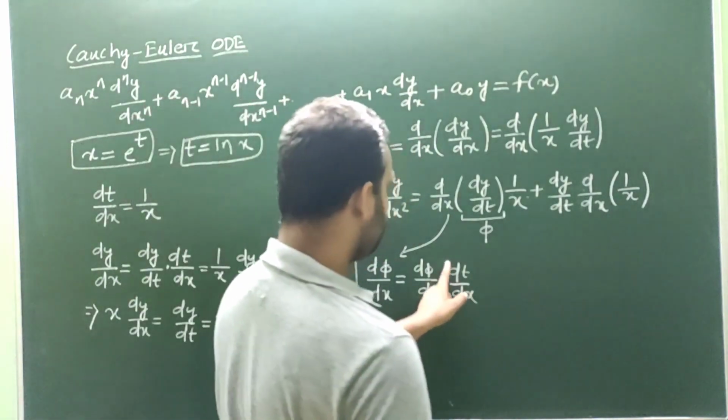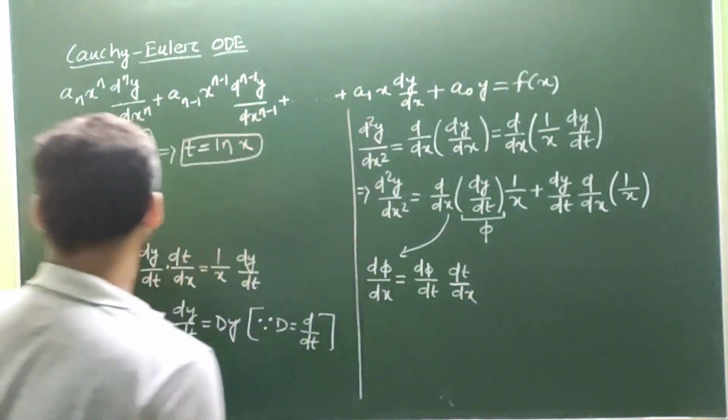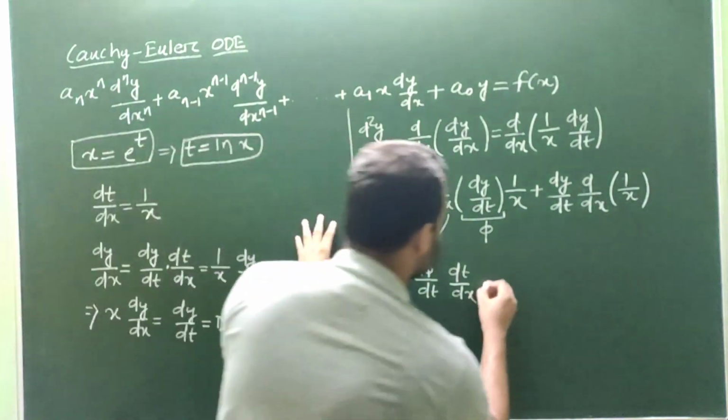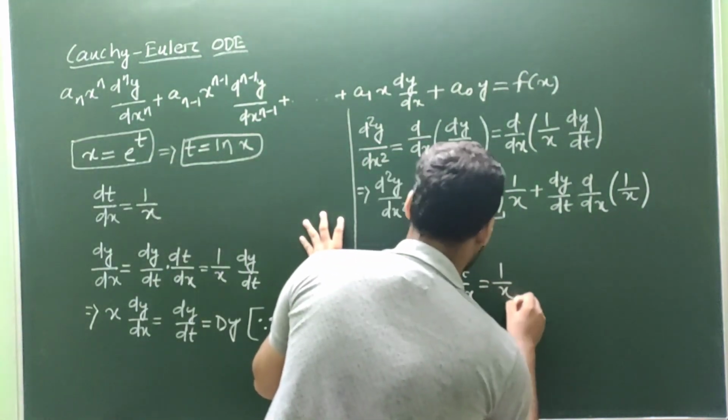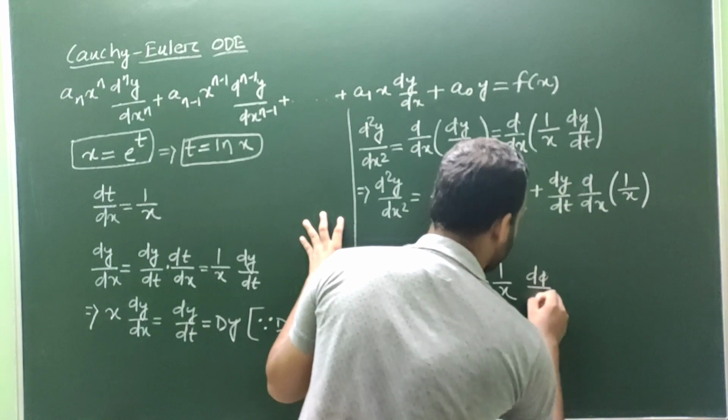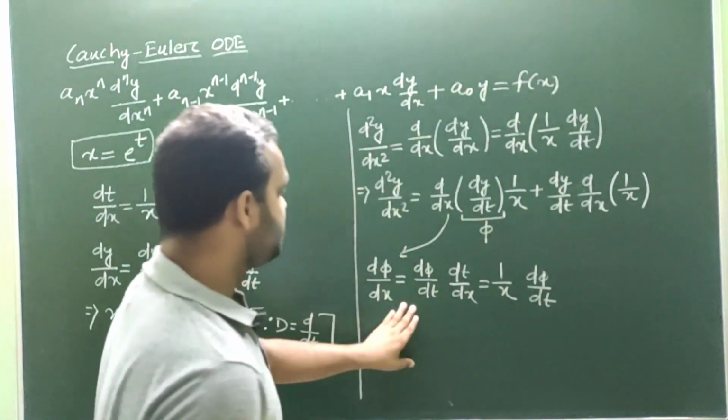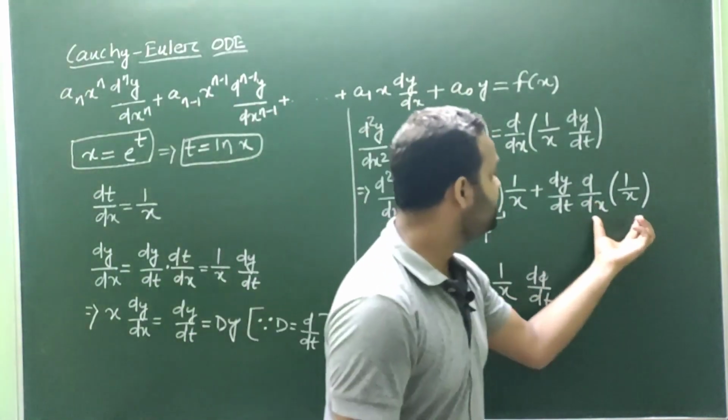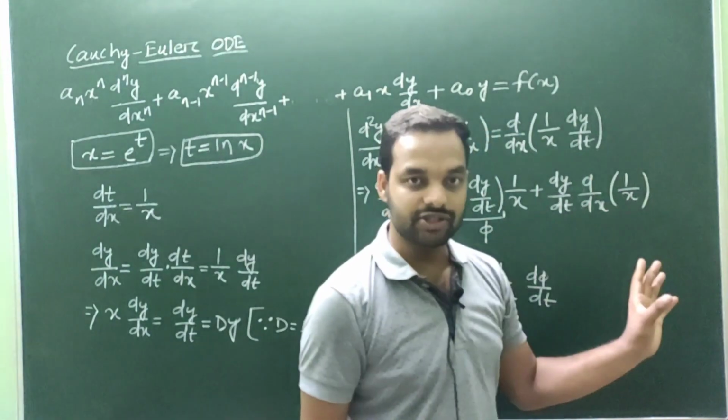And as you know, dt by dx is 1 by x. So we can write down 1 by x d phi by dt. Now take this and substitute here. And the differentiation of 1 by x will be minus 1 by x square.